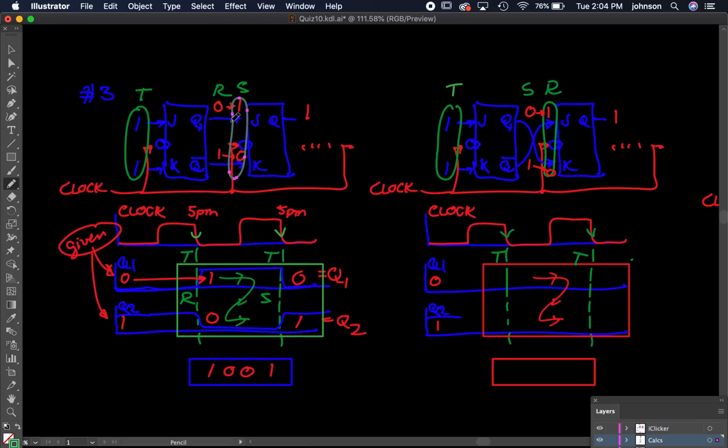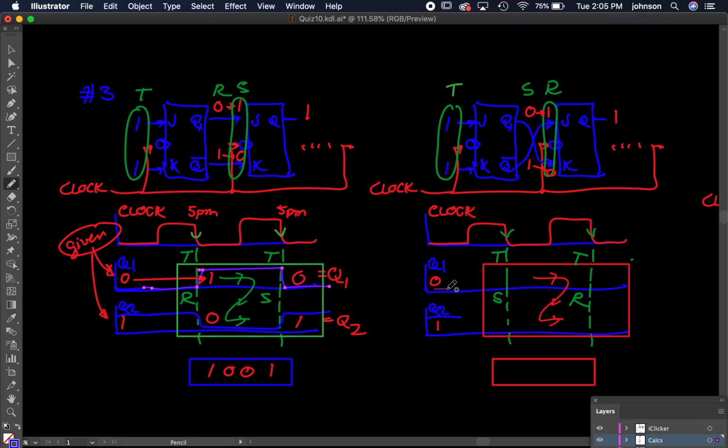So I kind of know what my answer is going to be. It's going to be similar to this one. It's going to be toggle, toggle on the top, and then set and reset on the bottom. Okay, so working these values out, let's see if they can figure this out.